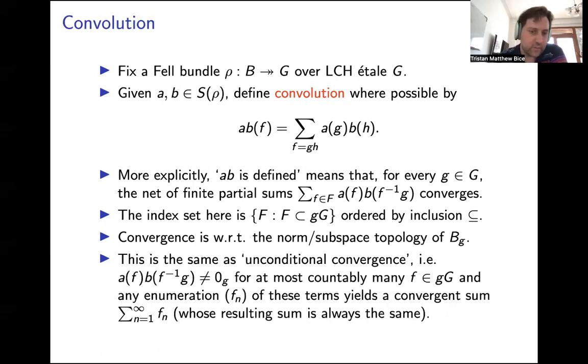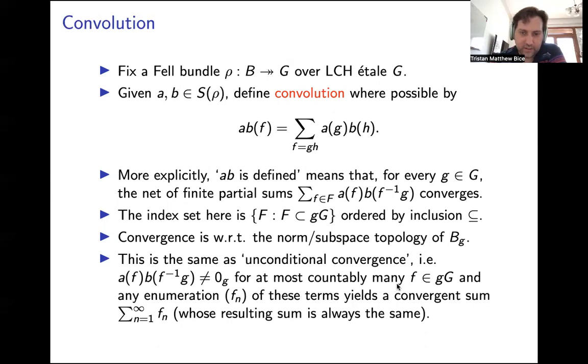Another way of looking at convergence in this setting is as unconditional convergence. What this really means is that the terms in your series are non-zero for at most countably many elements. If they weren't, there would be no way to determine this sum.